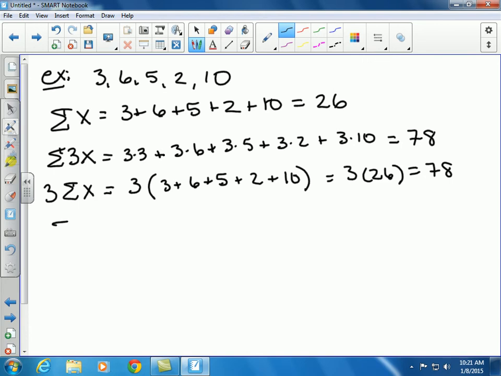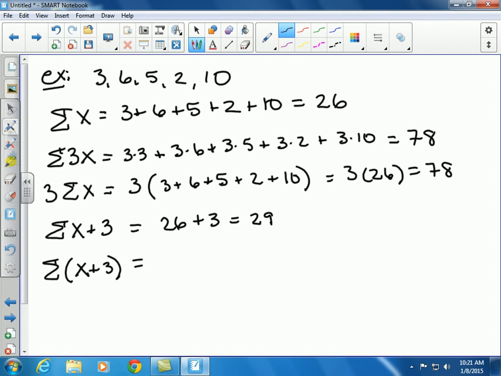If I wanted to do the sum of x, plus 3, that would tell me I basically take the sum of x, which happened to be 26 from above, and add 3 to it, which is 29. Whereas if I had the sum of x plus 3 in parentheses, that tells me I have to do the parentheses first and add 3 to every data point before I add them.